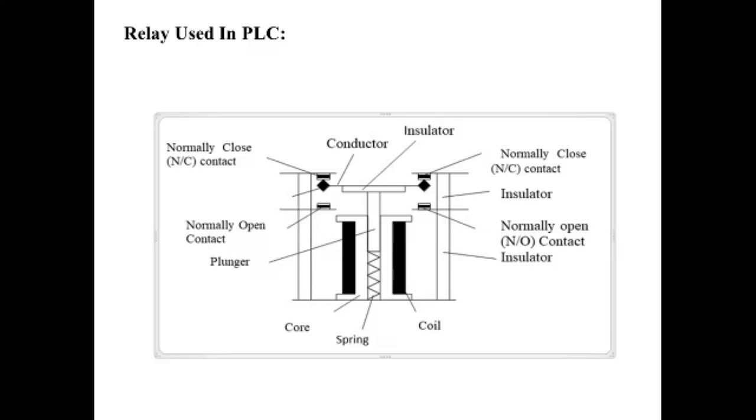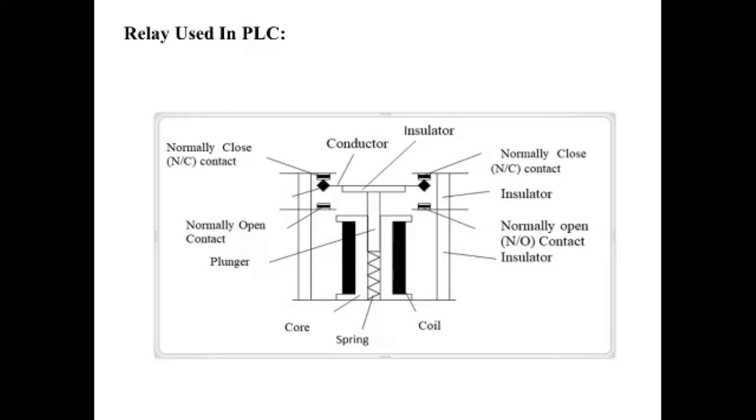By referring to this figure, when the coil is de-energized, the movable contacts are connected to the upper fixed pair. These fixed contacts are referred to as normally closed contacts because they are connected together by the movable contact and conductor whenever the relay is in its de-energized state.